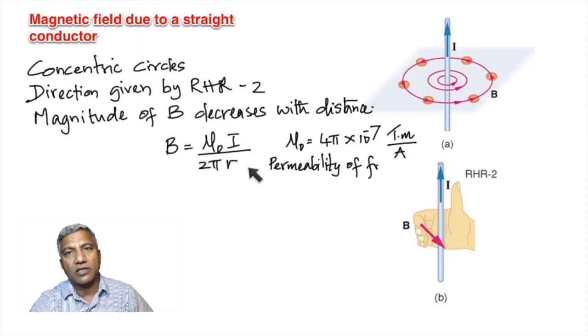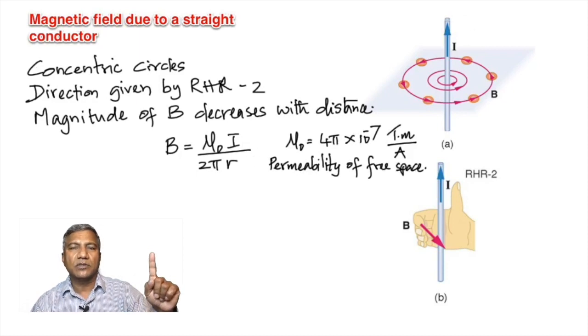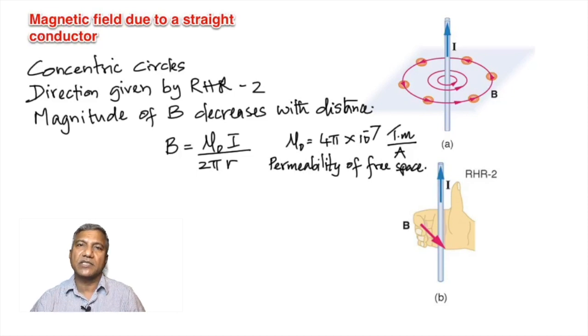And there is a constant that comes in, which is similar to permittivity in electricity, but this constant is called permeability. It's called the permeability of free space, because the magnetic field depends on what material you have between the conductor and the point.